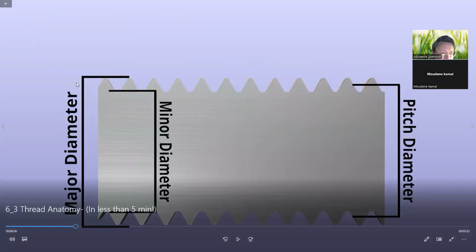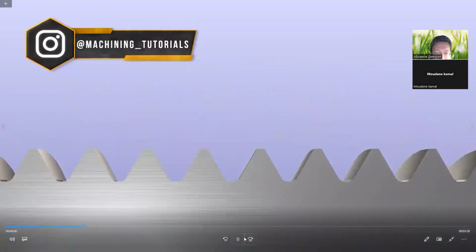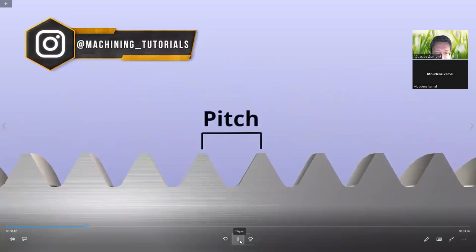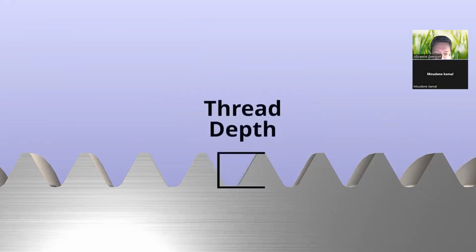We have major diameter or outer diameter, minor diameter or inner diameter, and pitch diameter or middle diameter of the thread. It's external thread of the bolt, and it's a pitch, thread angle, thread depth.